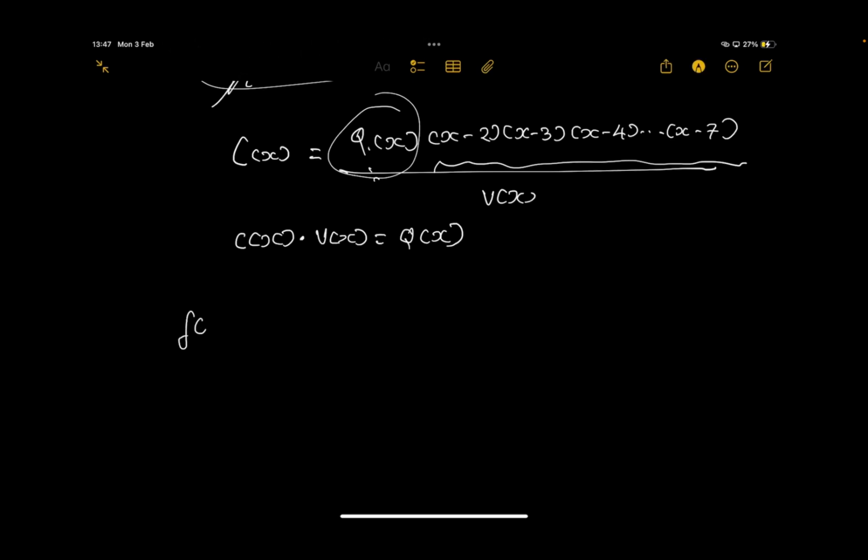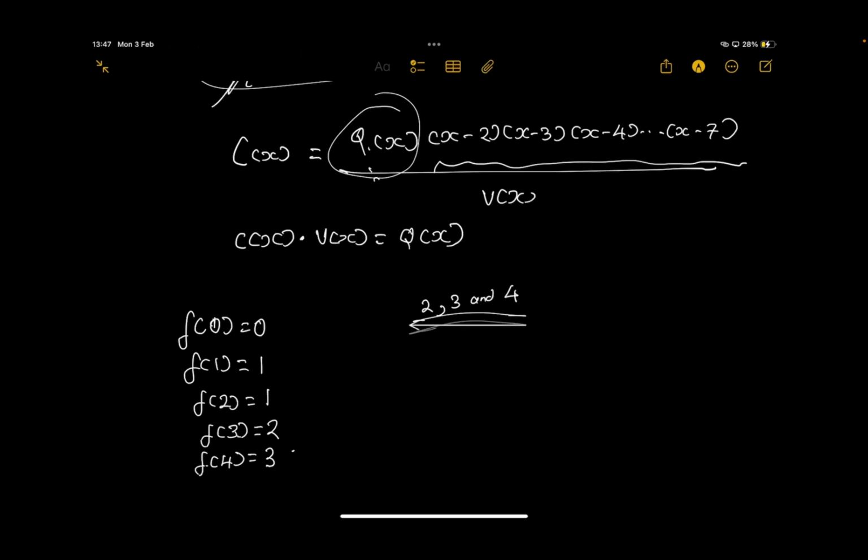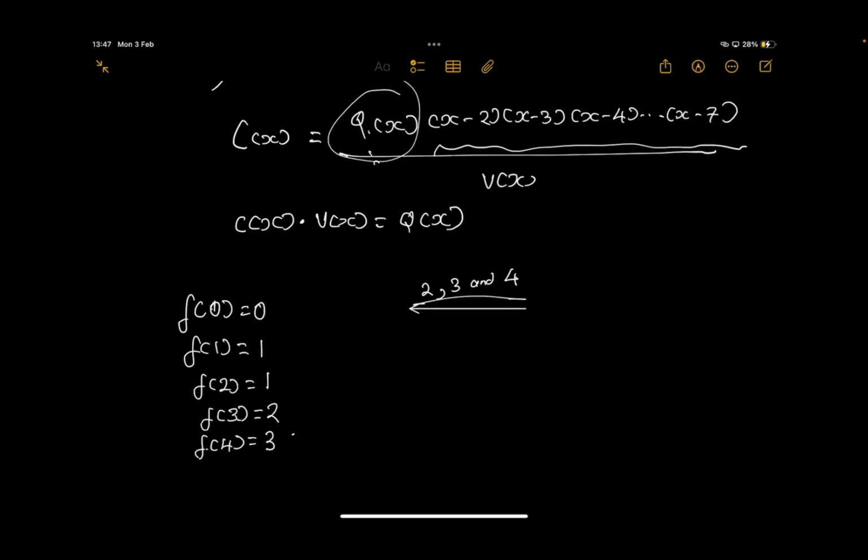So f of 0, that's f of 0. We stop here, then it should vanish at 3 points, right? At 2, 3, and 4. So we need to interpolate this polynomial. That's where the problem comes from, because when we do the interpolation of this polynomial, it might be something crazy.